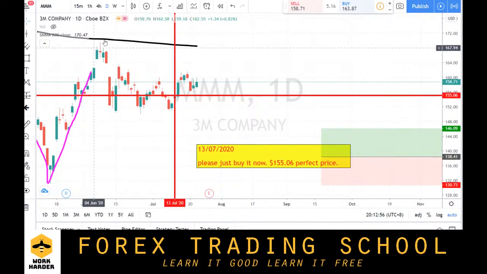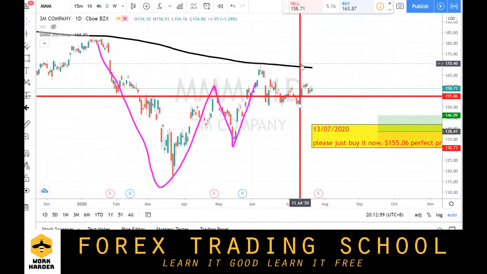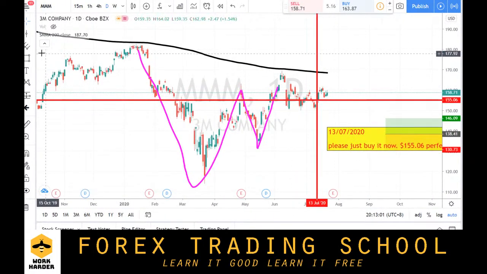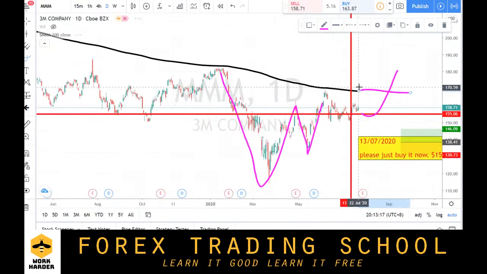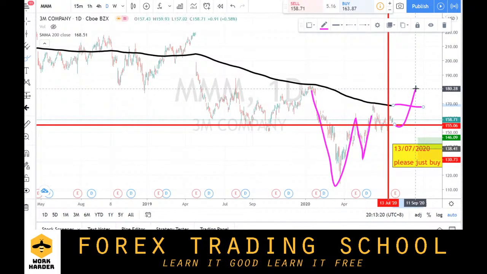So basically, this is a profitable trade, and we are waiting to take profit. Where are we taking profit? Very simple. We are also expecting price to move. Let's get the brush in. We are also expecting price to move up to about this level, this 200-day moving average. About there, but we are hoping, fingers crossed, it goes all the way up about here to this zone.